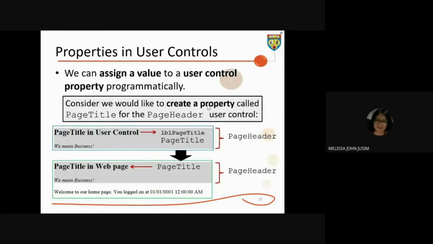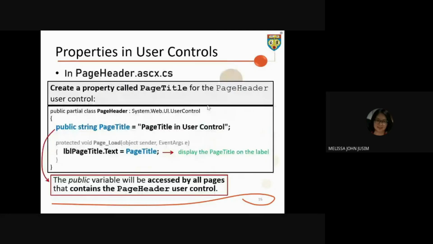We have a label called page title, where initially we set the string as "page title in user control". So notice that this is a variable, right? You declare a public variable. So this public variable page title can be accessed by all pages that contain the page header control.